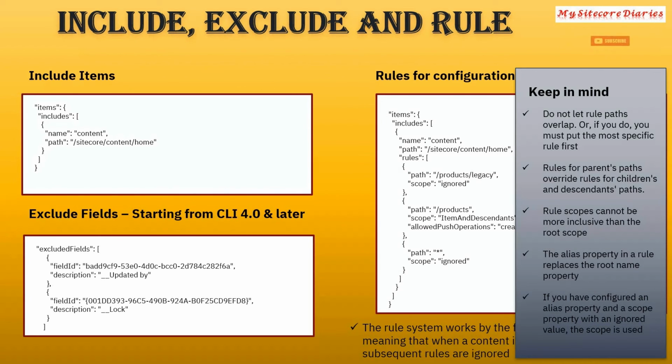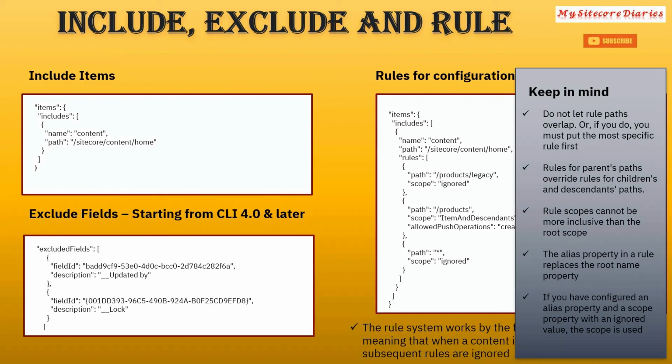Okay, so first is do not let the rule paths overlap, or if you are doing so, make sure that you put your specific rule first. Rules for the parent path override the rules for the children and descendant path. Rule scopes cannot be more inclusive than the root scope. The alias property in the rule replaces the root name property.